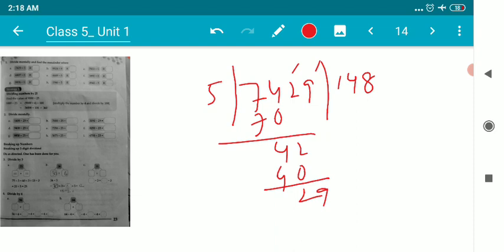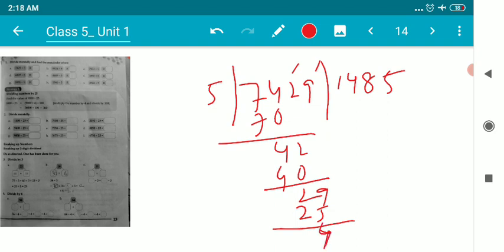5 5s are 25, 5 6s are 30. 30 is bigger than 29, so I'll be taking 5. 5 5s are 25. So children, here 29 minus 25 is 4.